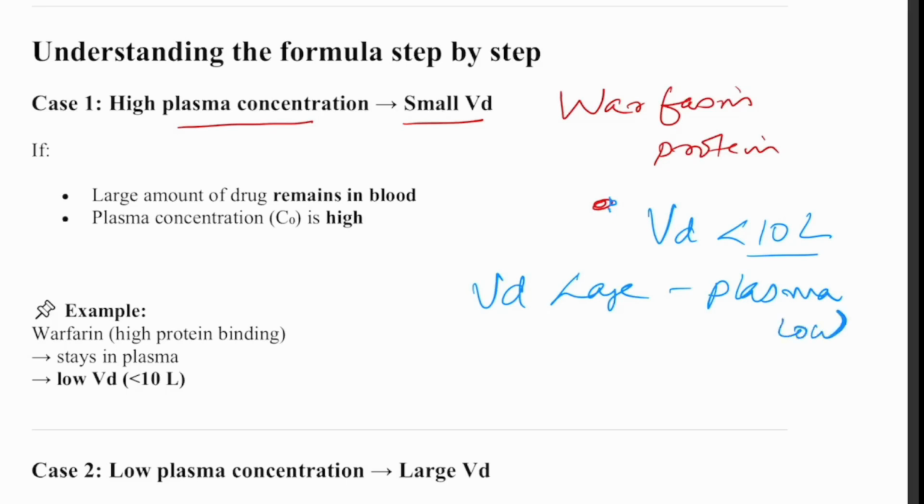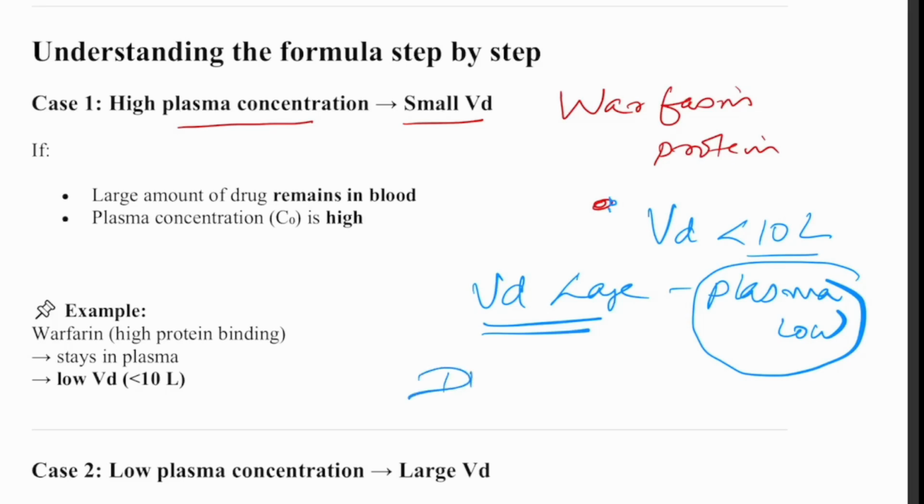So drugs with low plasma concentration have a large volume of distribution. Most drugs move into tissues. Very little drug remains in plasma, so plasma concentration is low. So when the volume of distribution is large, most of the drug goes into various parts of the tissue.